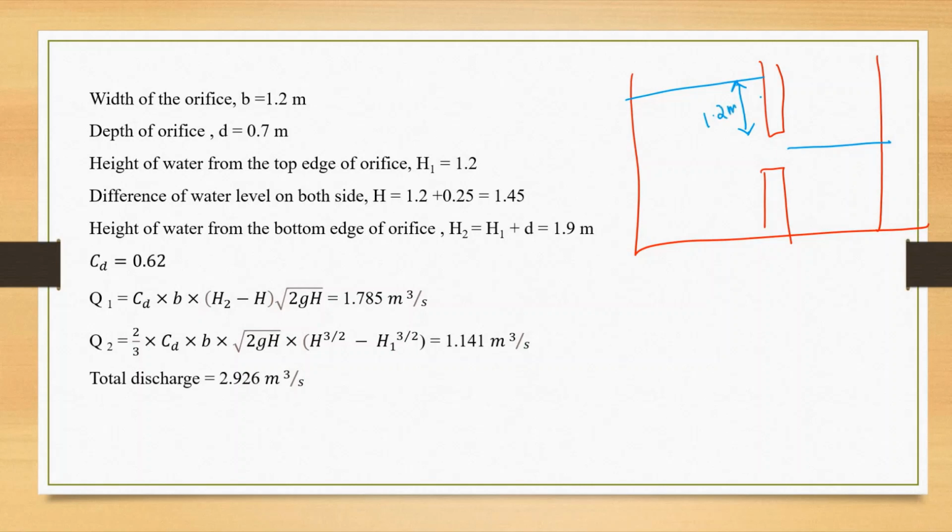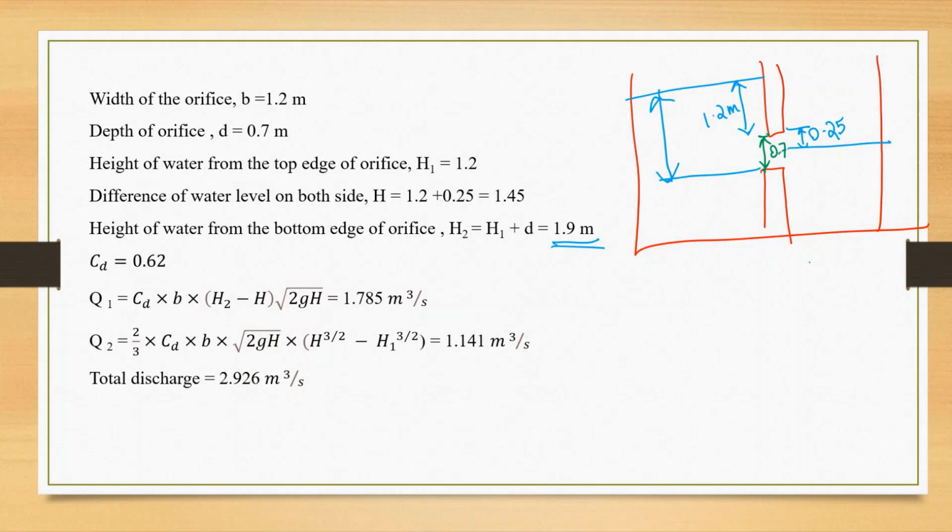This one is 1.2 meter, this one is 0.25 meters, and total depth is 0.7. So H2 is 1.2 plus 0.7, which is 1.9 meters. So we have all the values.